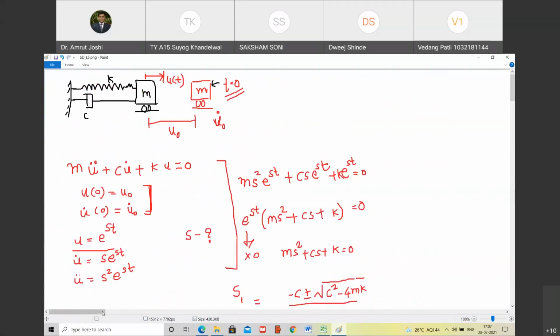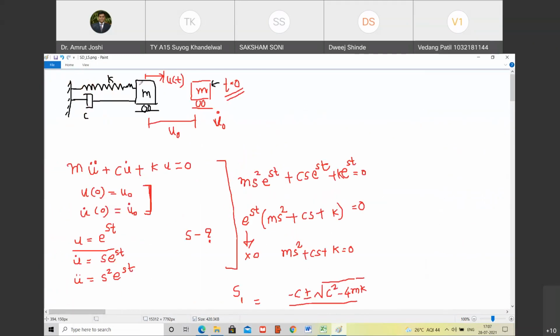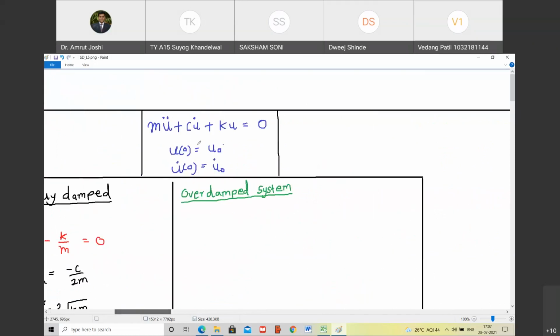So what I am going to do now is I am going to consider an equation m u double dot plus c u dot plus k u equal to 0, which is the equation of motion of this mass which is displaced by u0 at time t equal to 0, towards right. This is its equation of motion. This equation we have obtained from Newton's second law.